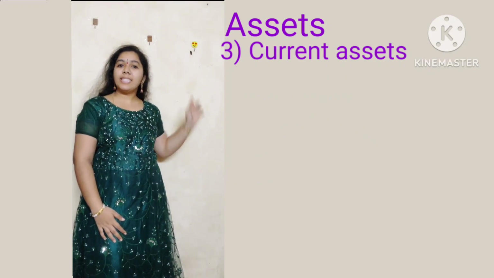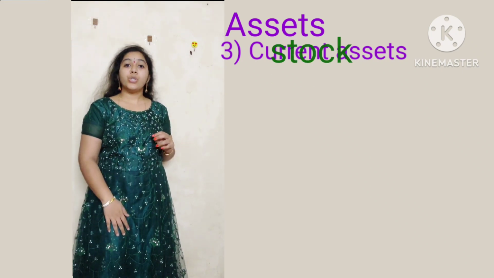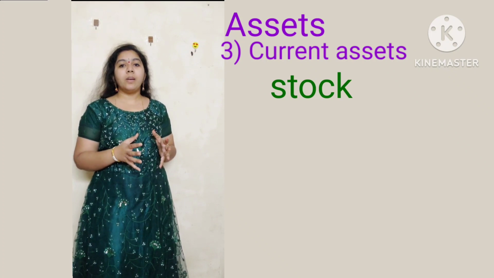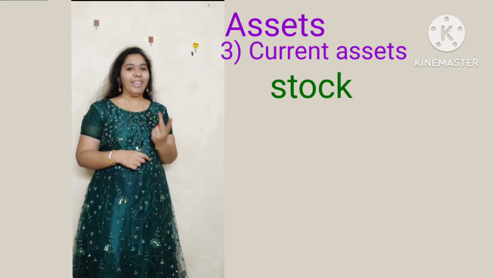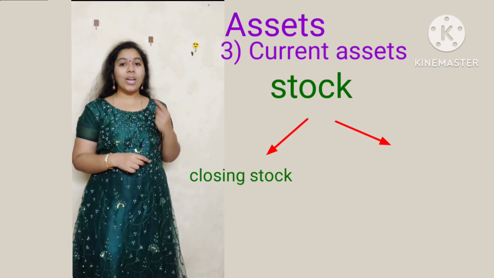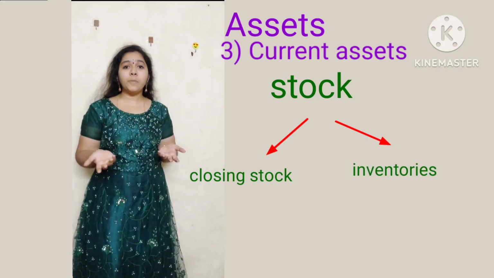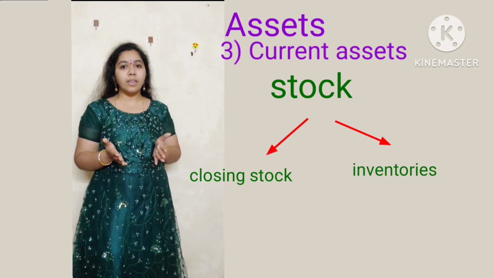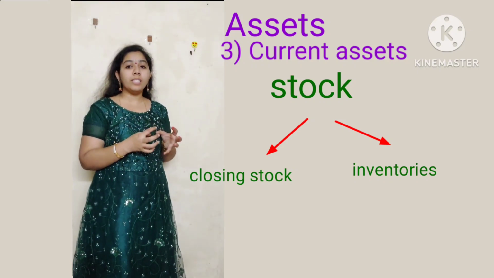So up to here 6 completed. And next one is stock. Stock is also subdivided into 2 categories. First one is closing stock. Second one is inventories. What is the difference between closing stock and inventories? Let us discuss. What is the meaning of closing stock?